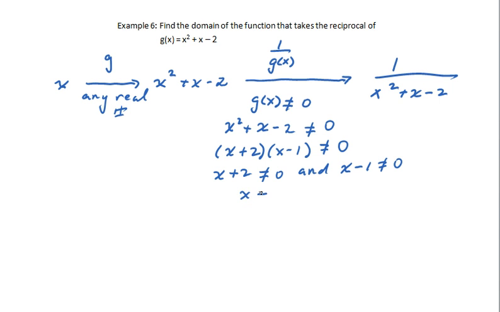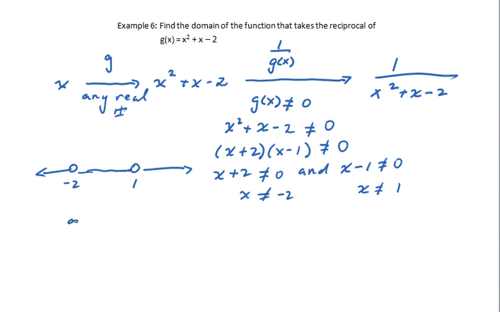From there, we can see x cannot equal negative 2, and x cannot equal 1. So a solution on the number line would have 2 holes in it. One at negative 2, one at positive 1.